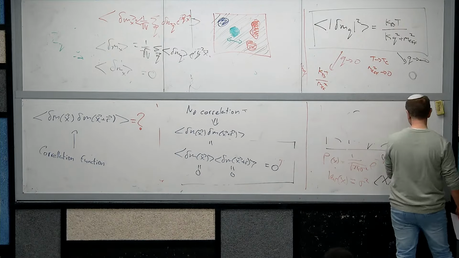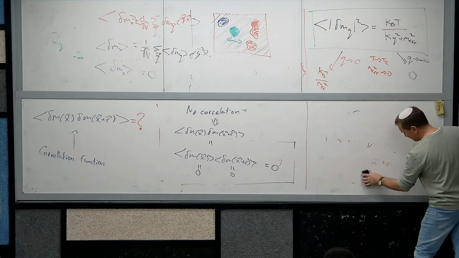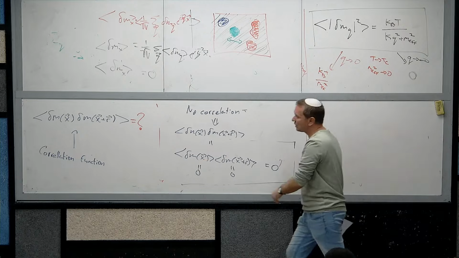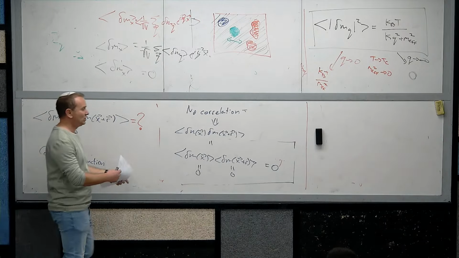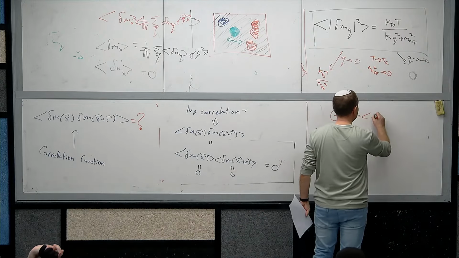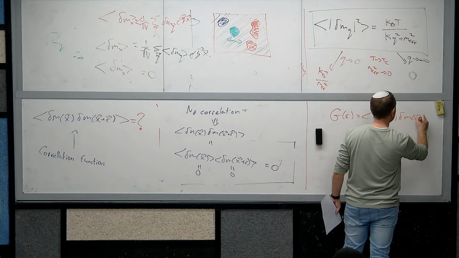We only care about the distance. The correlations, how the different parts of the system affect each other, should only depend on the distance between the local fluctuations. So we want to compute g of r, which is the average of delta m(x) delta m(x plus r).